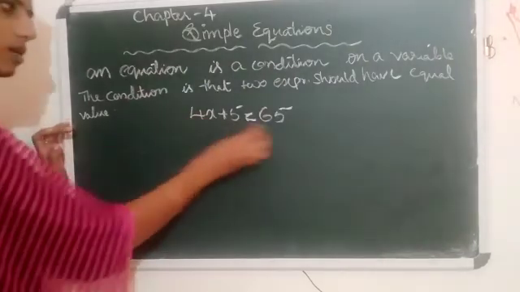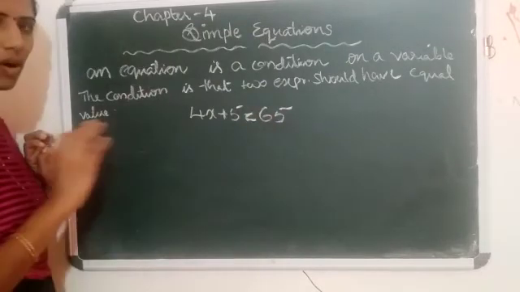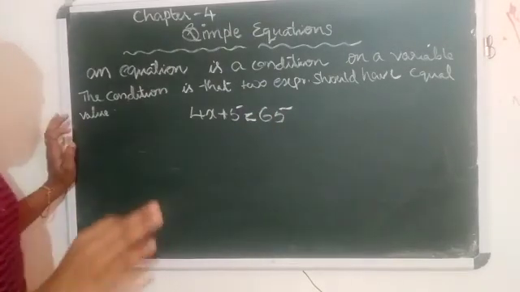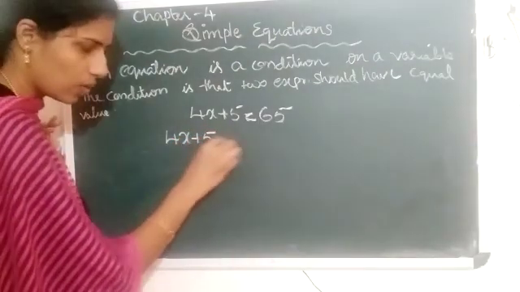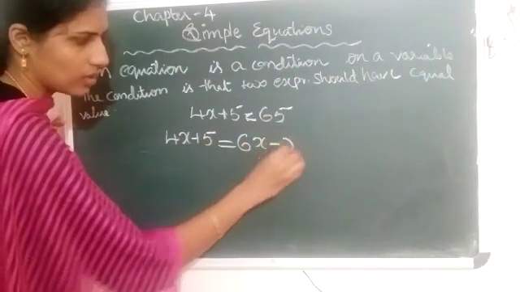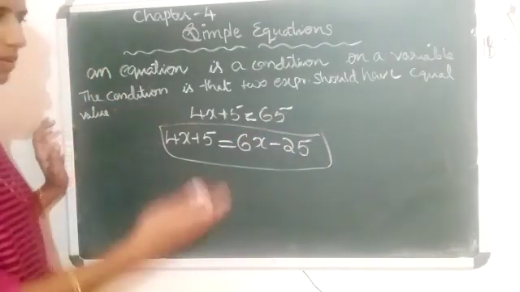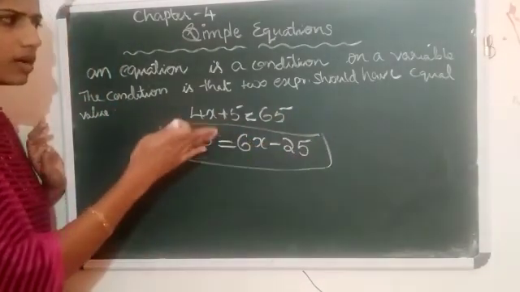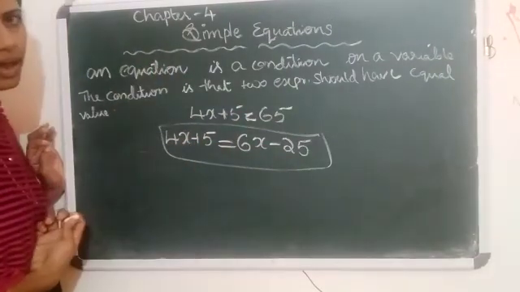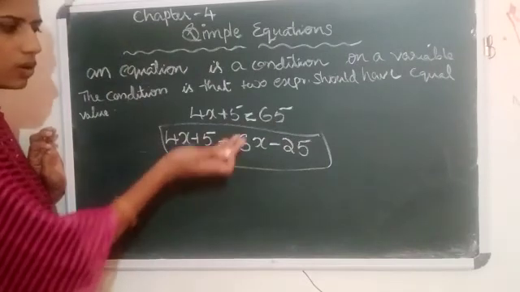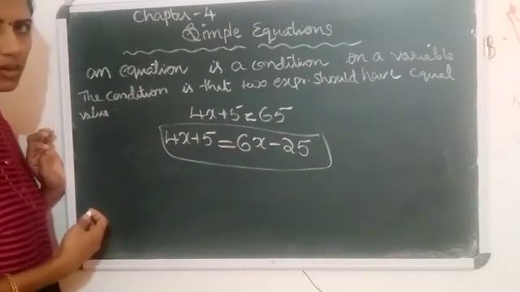In the RHS we have only one number, 65, but this is not always the case. We can write 4x plus 5 equal to 6x minus 25. This is also an example of an equation. In the RHS it is not necessary to have a single number; it can also be an expression. Clear?